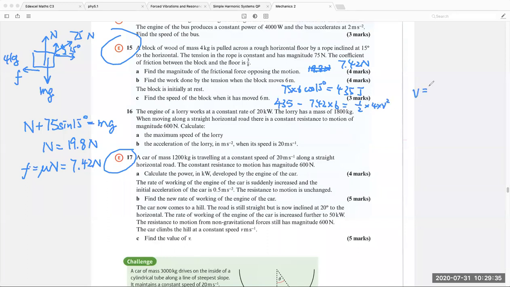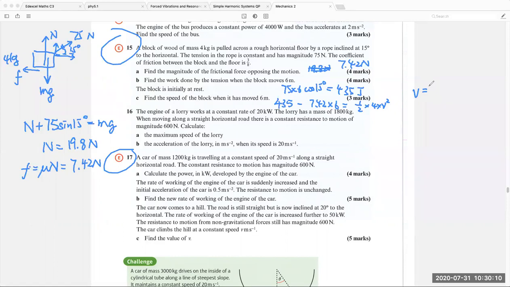Evan, what's your answer? Sorry, I didn't minus the 7.42 times 6. 14.0 meters per second. 14.0.